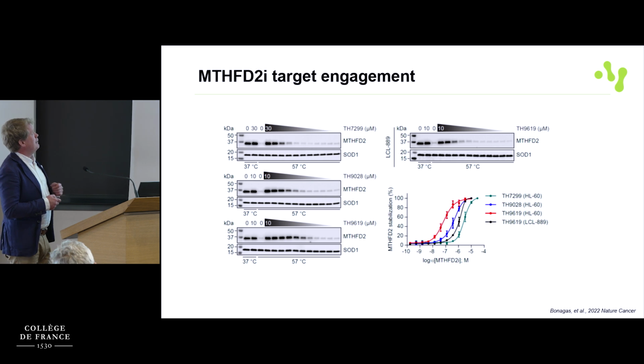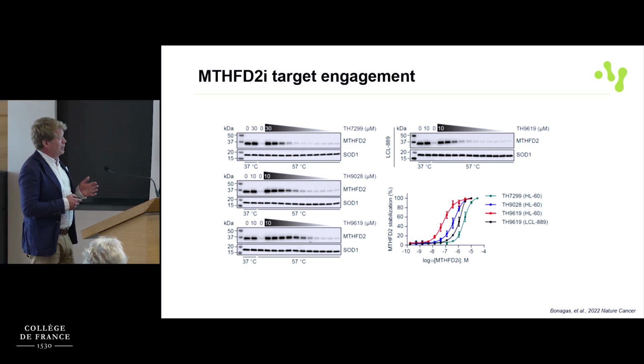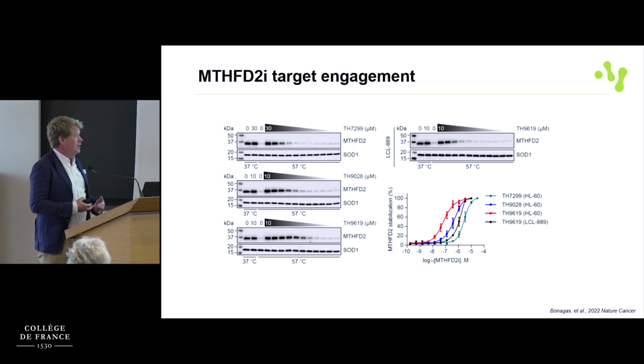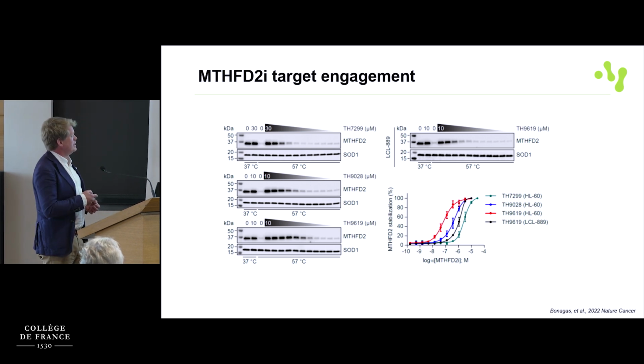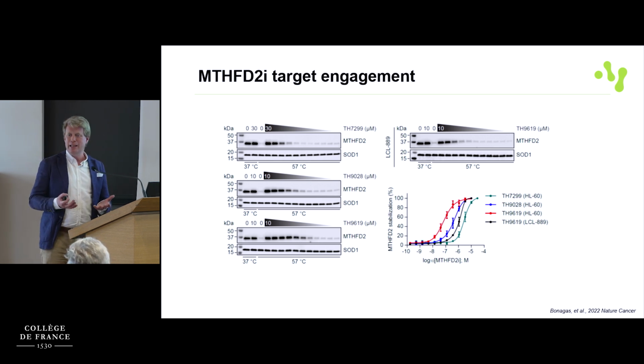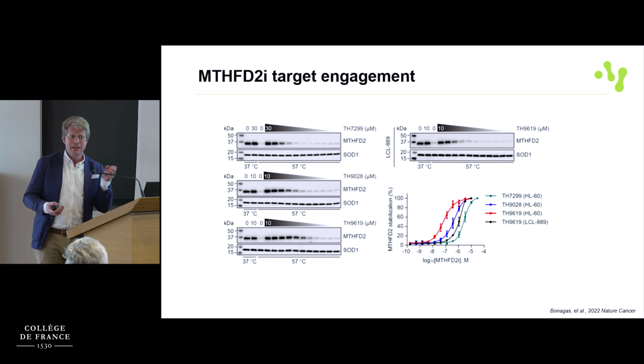So when we use these compounds, the first thing people ask is, do they hit the target inside the cell? And the target is MTHFR2. Normally you can see it on Western blot at 37 degrees, it's soluble. But if you increase the temperature to 57 degrees, then now it's denatured, like if you boil eggs. The egg protein is turning white.